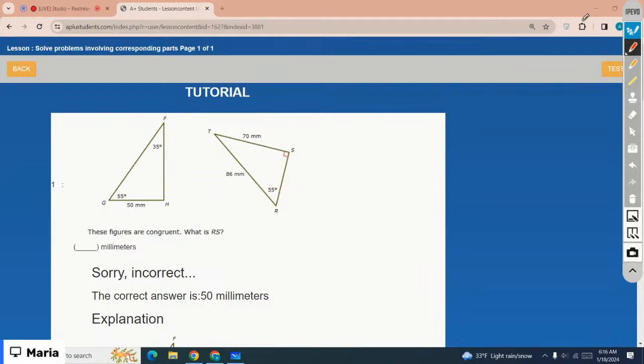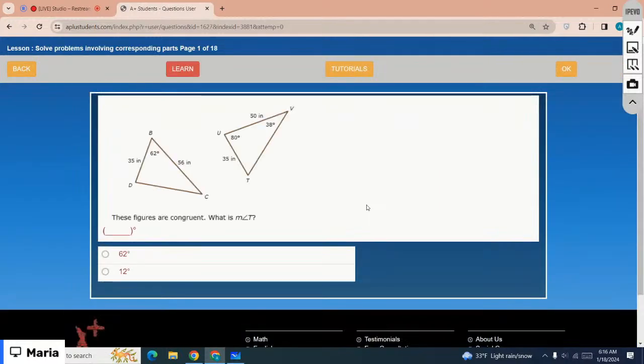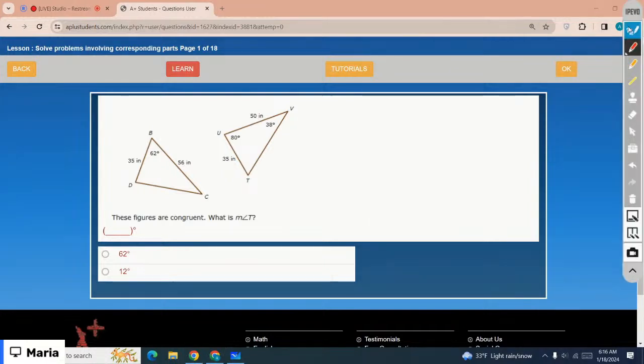Okay, let's just start with the test questions. These figures are congruent. What is the measurement of angle T? Angle B is congruent to angle T. D is congruent to angle U. Angle T is congruent to angle B. So angle B is 62 degrees.